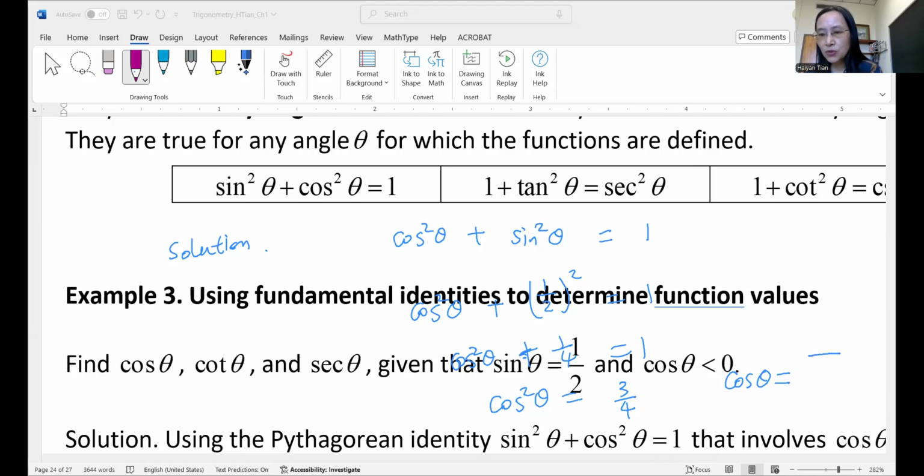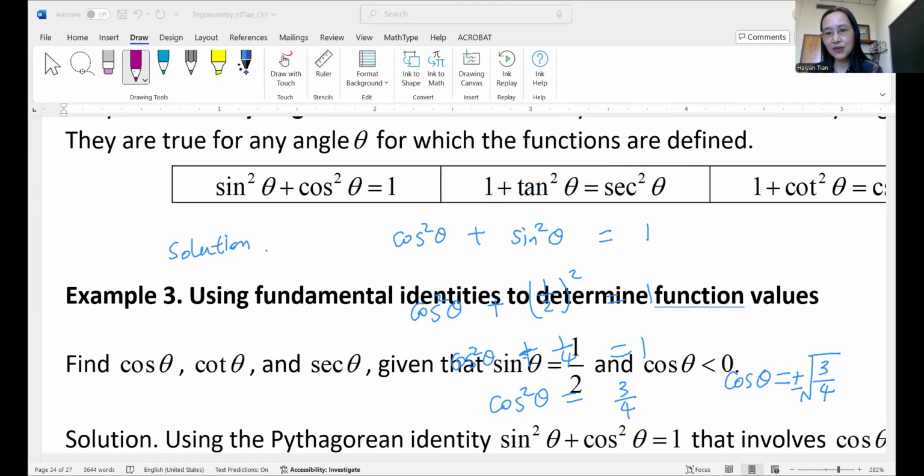But when you take a square root, do you take a positive? You have two options. You have either positive or negative square root, right? So which one do we take? Yeah, don't forget that we're told the cosine value is negative.